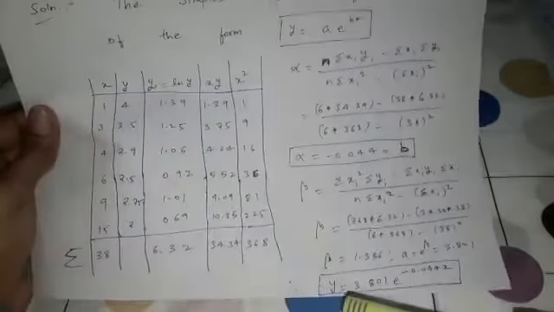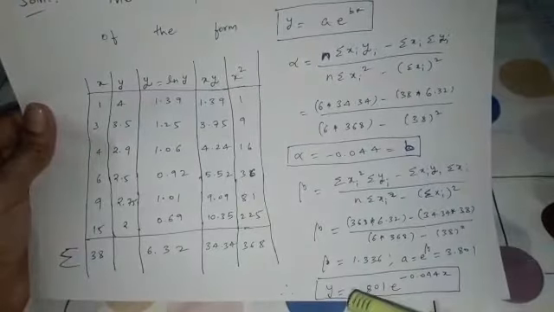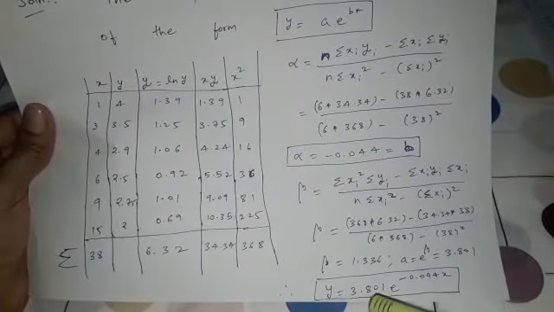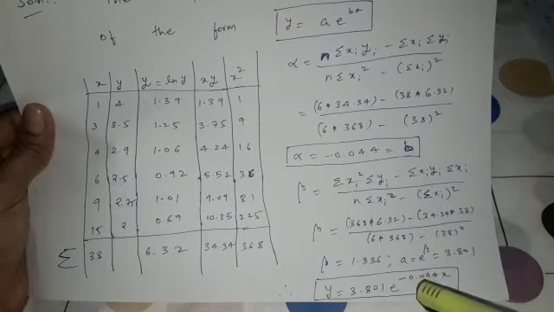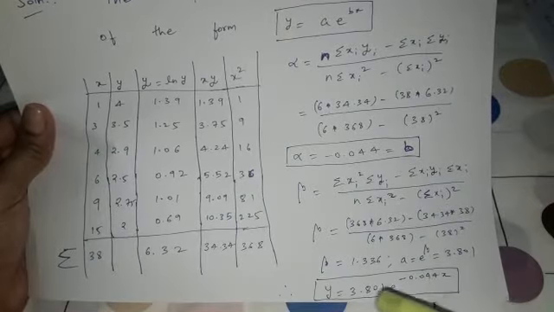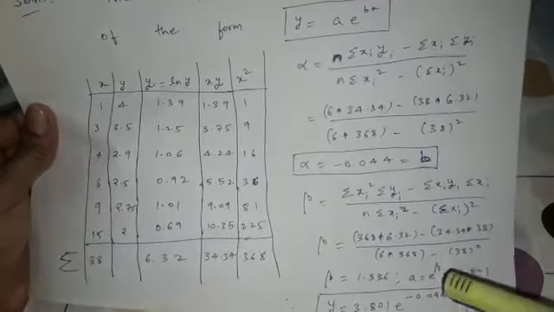So the best exponential fit which represents this experimental data is y is equal to 3.801 times e to the power of minus 0.044x. Y is your dependent variable and x is your independent variable.